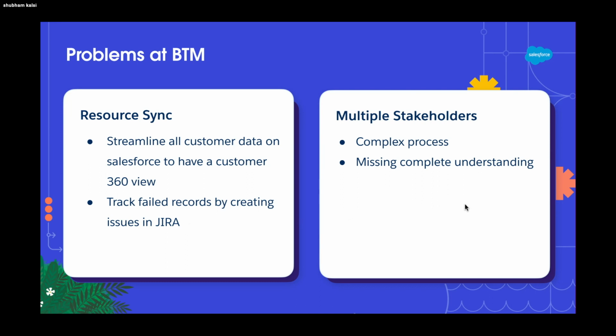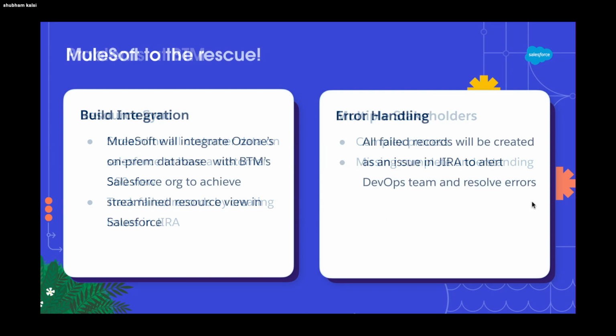And as a solution, they opt to use MuleSoft. So let us focus on the solution. What we need to do is build an integration between Ozone's database and BTM Service Cloud to achieve near real-time integration. BTM would also like to create Jira tasks, as I mentioned before, in case of failures while syncing accounts, to alert the DevOps team or any other team to resolve errors.